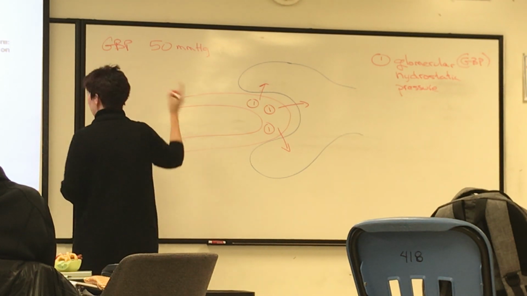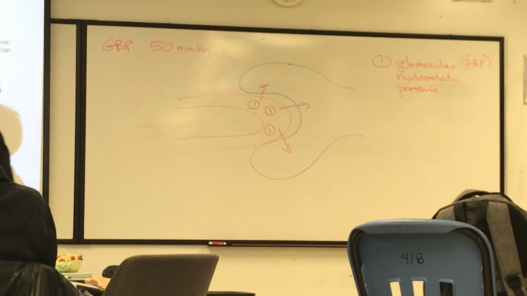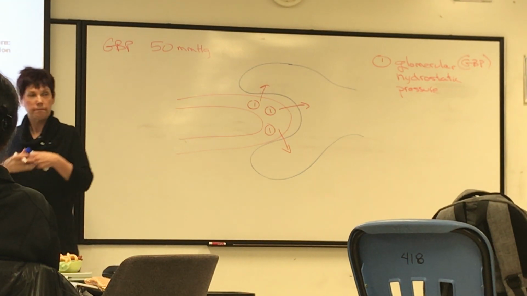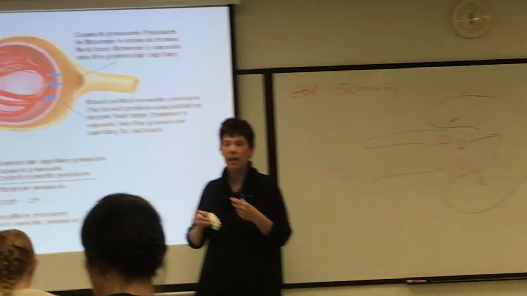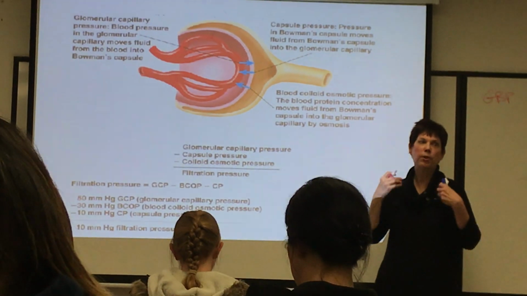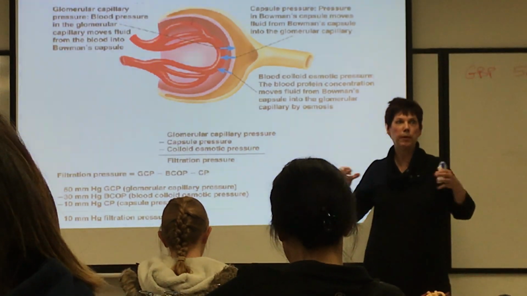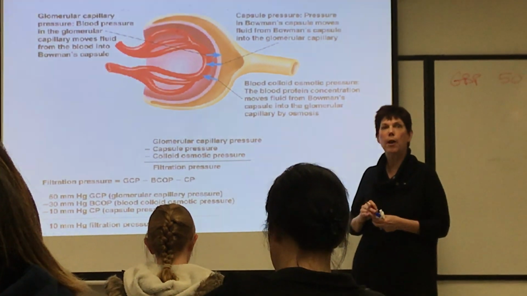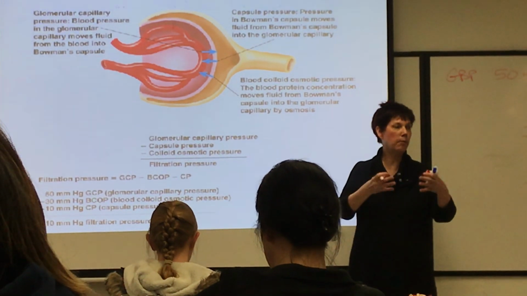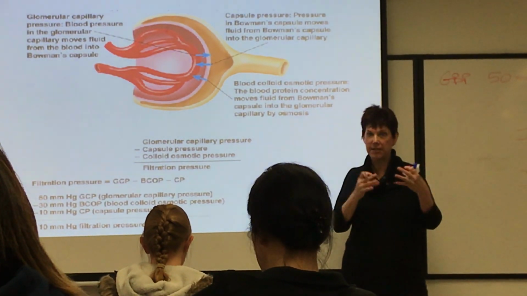All right, so as that pushes fluid into the capsule, we start to build up the fluid pressure, the hydrostatic pressure of the capsule, all right? Just like as you push air into the balloon, the more air you put into the balloon, the more pressure is pushing on the balloon walls, and it starts to expand. So the more air you put into the balloon, the more resistance there is to putting more air into it, all right?